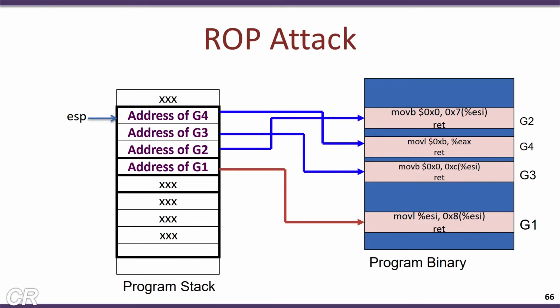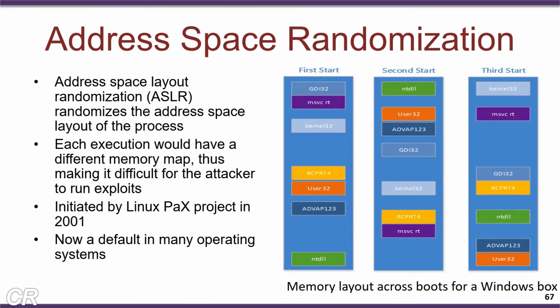Now, the address space layout randomization or the ASLR works so as to make it difficult for the attacker to find such gadgets. What the ASLR achieves is that it randomizes the address space of an application, thereby making it difficult for the attacker to get specific addresses. So, for example, in this figure as we see over here, which shows the memory layout for 3 different instances of the same application, what we see is that the memory layout changes every time you run the application.